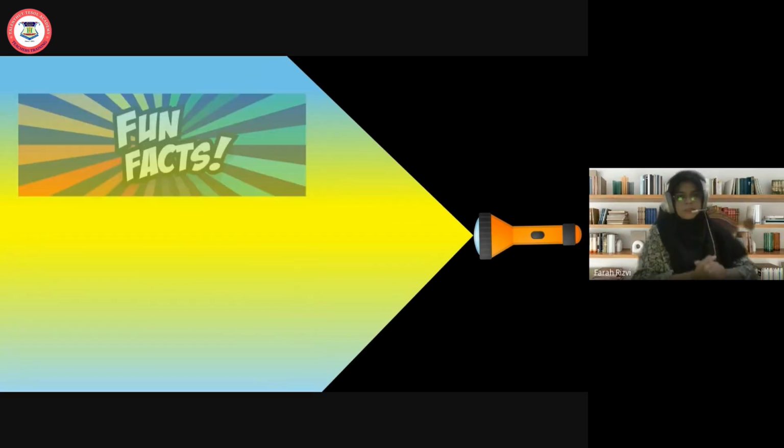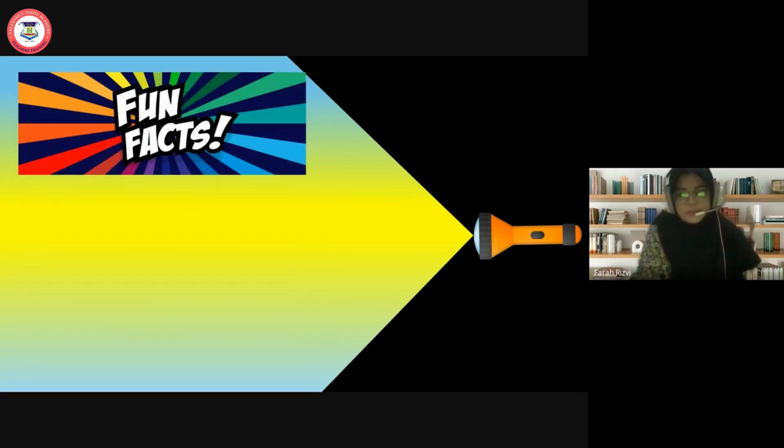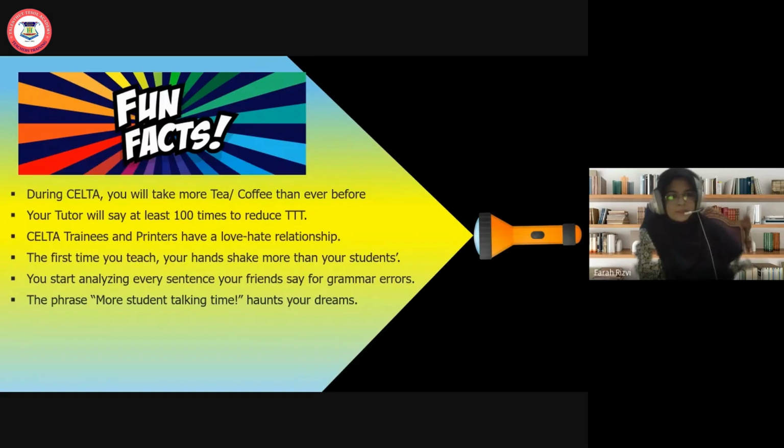Let me first discuss with you the fun facts about CELTA. Fact number one: during CELTA, you will take more tea and coffee than ever before. I gained 2 or 3 kg because of stress eating. When you are in stress, you eat or you take more tea and coffee. Your tutor will say at least 100 times to reduce tea.